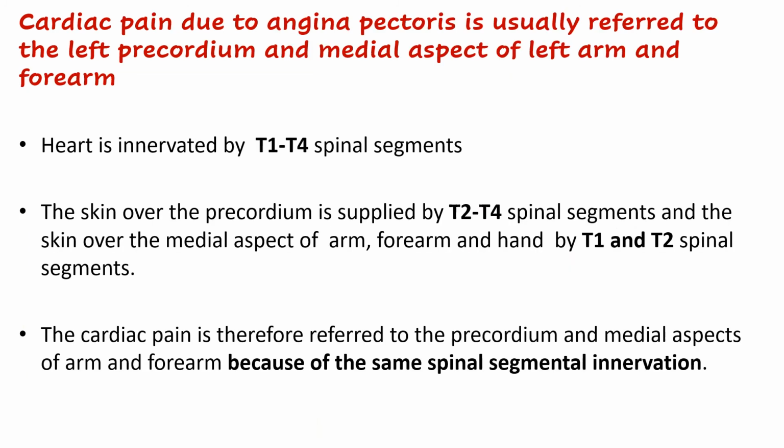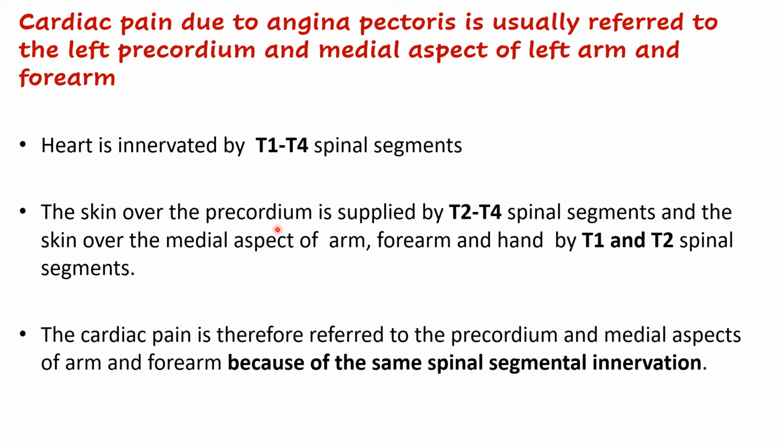Now, why is the referred pain in angina pectoris felt in the medial aspect of the left arm, forearm and hand, and also in the left precordium? This is because of the nerve supply, because the same spinal segments supply the heart as well as the precordium region and the medial aspect of the left arm, forearm and hand. The heart is innervated by T1 to T4 or T5 spinal segments.